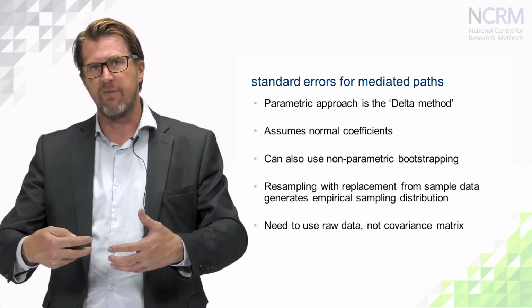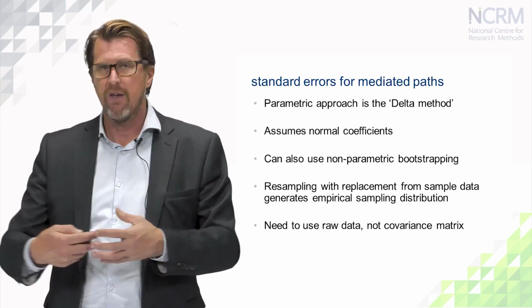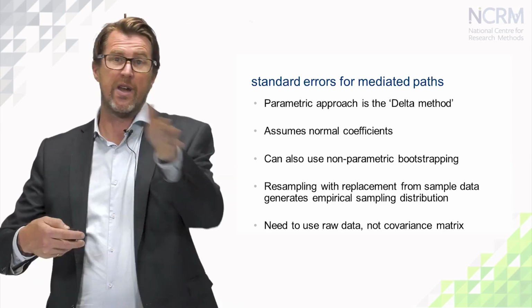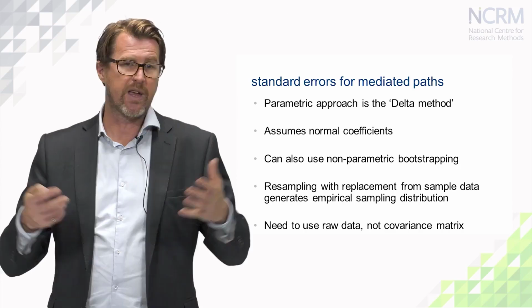We can have more complex mediated paths that run not just from one variable through another to a third variable, but through several variables, and we can get estimates of those indirect and total effects and their standard errors.